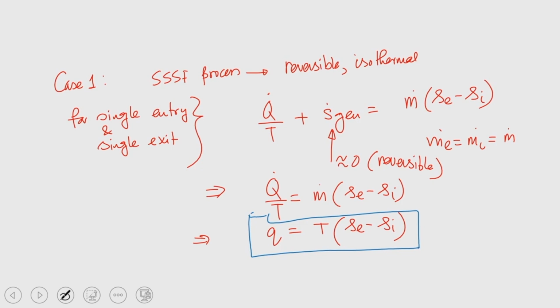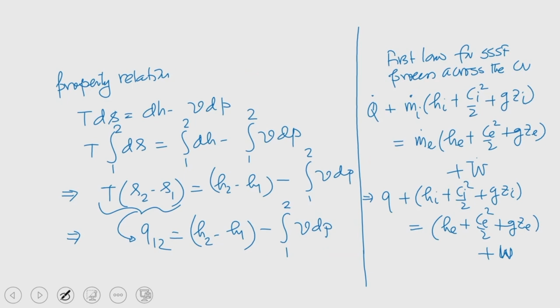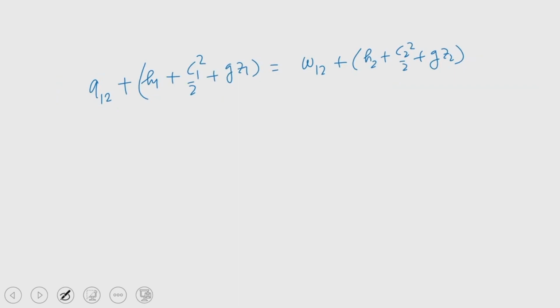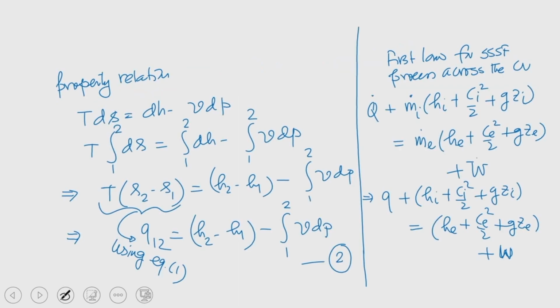If we give this the name equation 1, then using equation 1, say this is equation number 2, and finally this is equation number 3. You know that q12 is equal to h2 minus h1 minus integral 1 to 2 VdP.